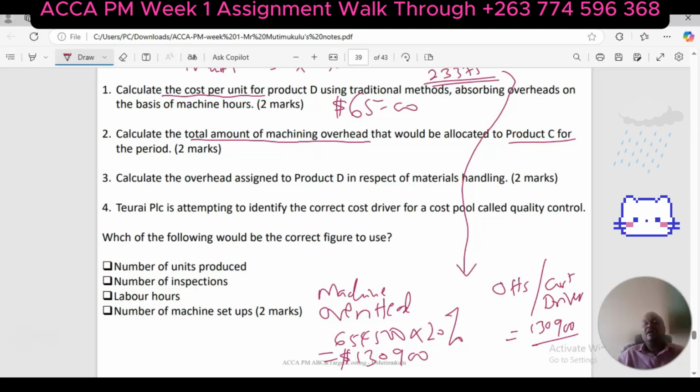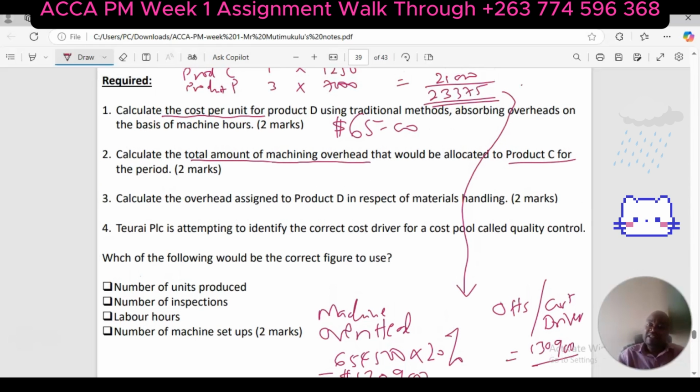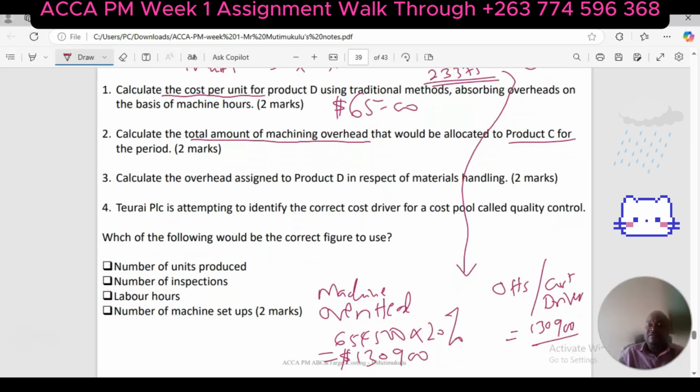The cost driver is the level of the activity of the cost driver, and we have determined it to be 23,375 hours, and these are dollars.